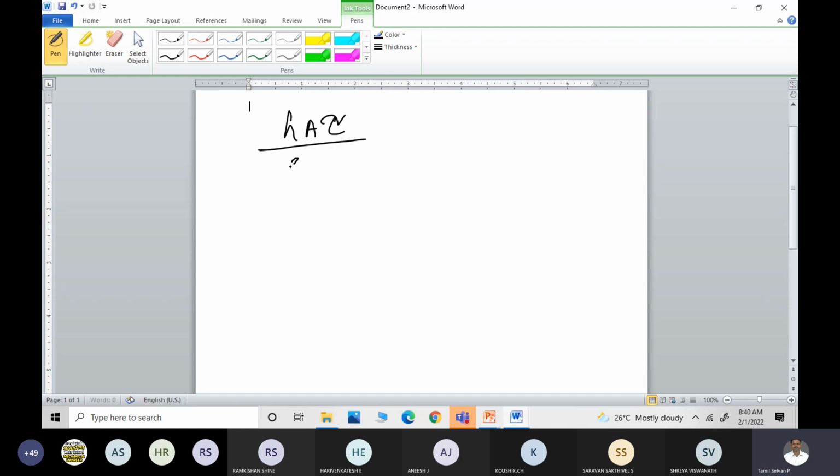h A tau divided by rho V C. Is it fine, students? Yes, sir. Now we know that volume by area is equal to the characteristic length Lc or L. Is it fine? So I can rewrite it as h tau divided by rho into C into L. Is it fine? Yes, sir.